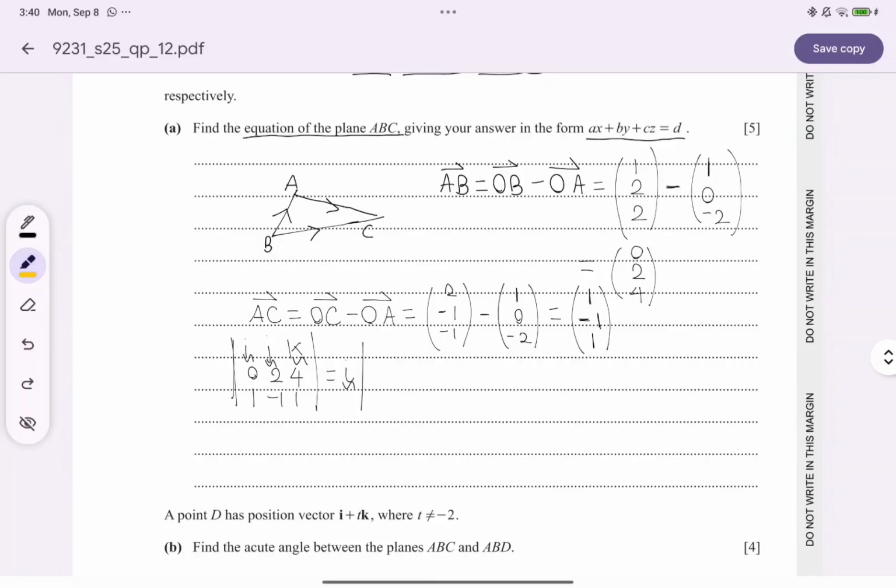To find the determinant of i, cover the i row and column. So the determinant would be 2, 4, minus 1, 1.